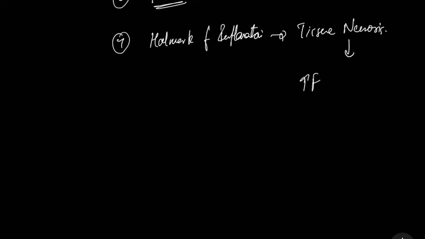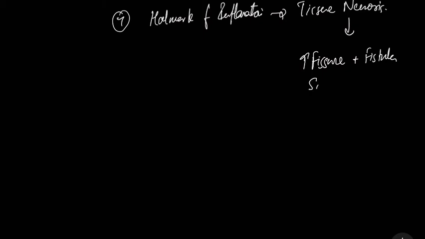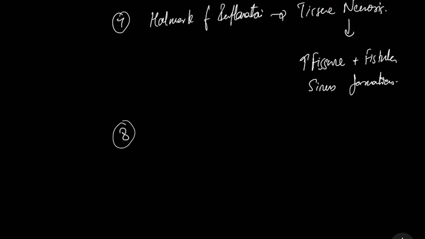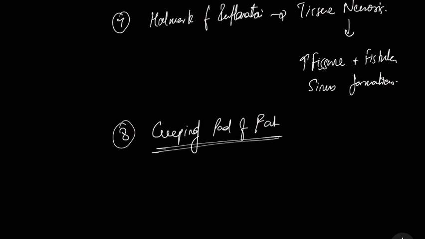This led to an increase in fissure and fistula formation, along with sinus formation. Then what was the next thing we studied? We studied something called creeping pad of fat. What was this creeping pad of fat? There was serositis. So then what happened? The mesentery offered protection, like, hey, take over my fat, and that formed a creeping pad of fat.